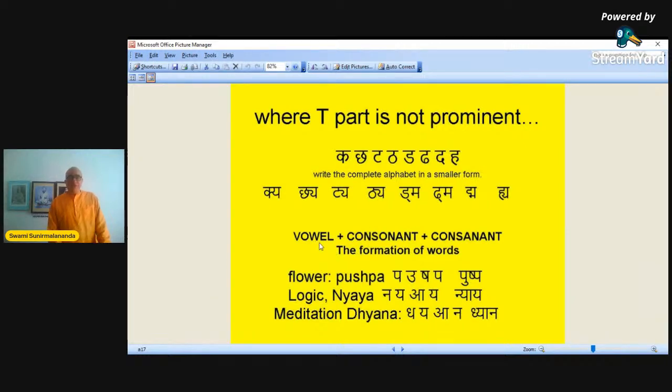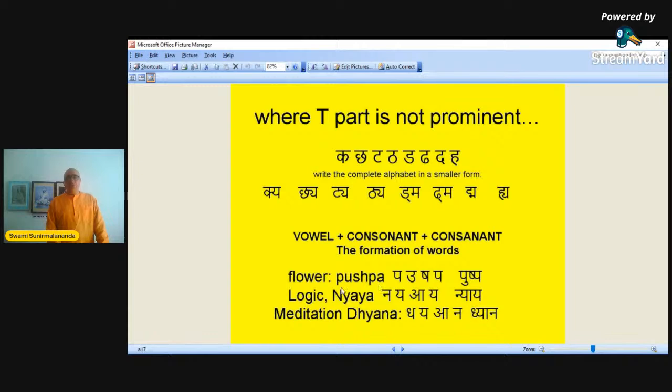In order to form a word, what will you do? You need to add vowels and consonants in the formation of words. How do you do that? Suppose you want to write the word flower. What is flower in Sanskrit or in Hindi? Pushpa.